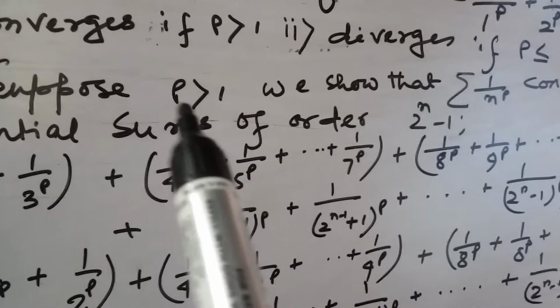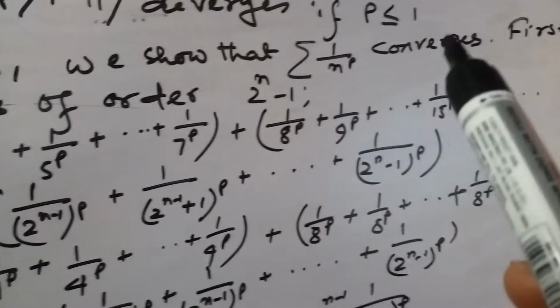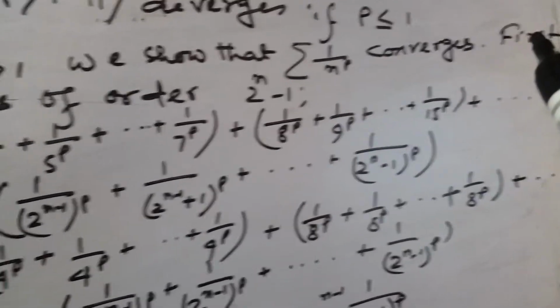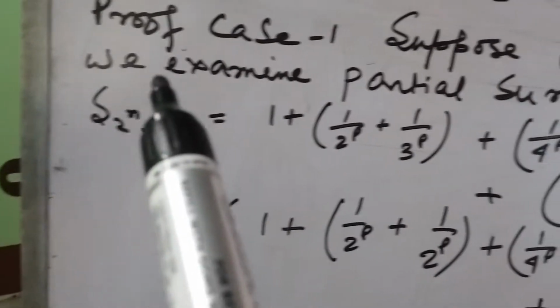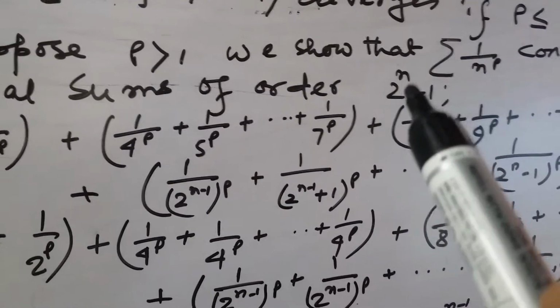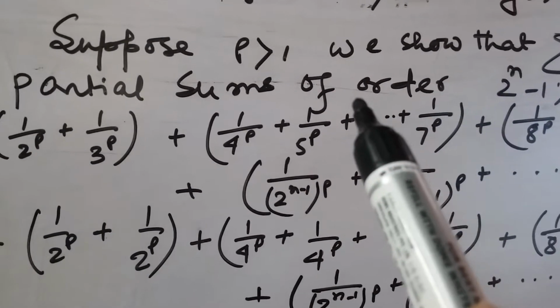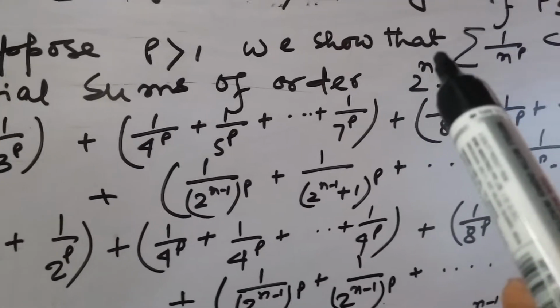First, we examine the partial sums of order 2 to the power n minus 1.